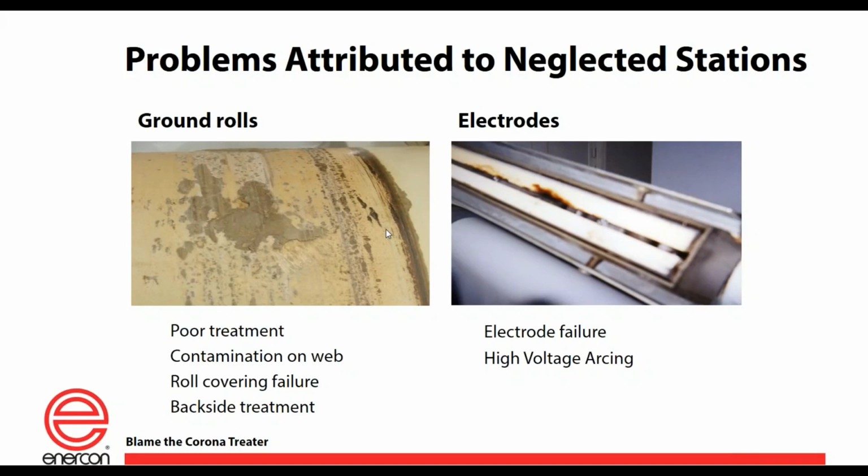Contamination on that web is even causing backside treatment, which Tom will get into in a little bit as well. On the right, the electrodes, you can see that you're just going to have electrode failures and need to repurchase any of those spare parts to maintain your treater and keep it going. But you'll get the high voltage arcing, and that could just be an issue safety-wise and for production.